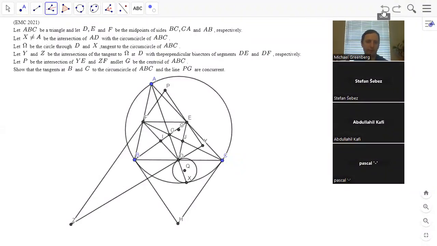And by an angle chase, PEF should be isosceles, because PFE is 180 minus CFE, and ZFD is ZDF.